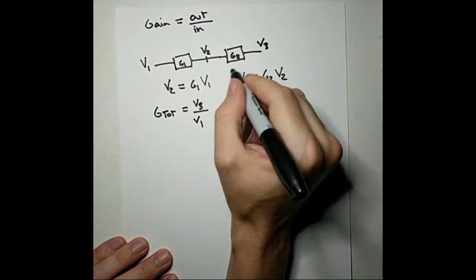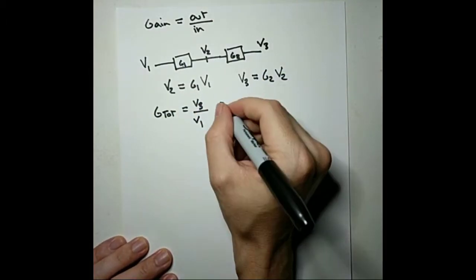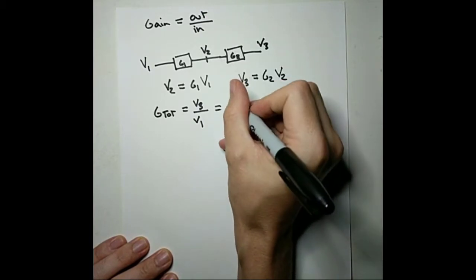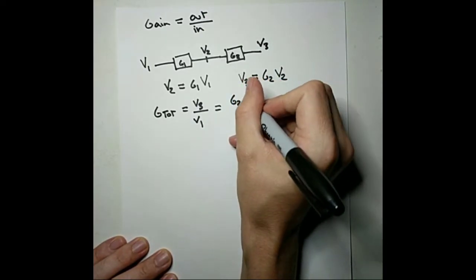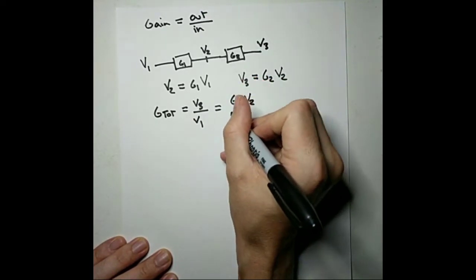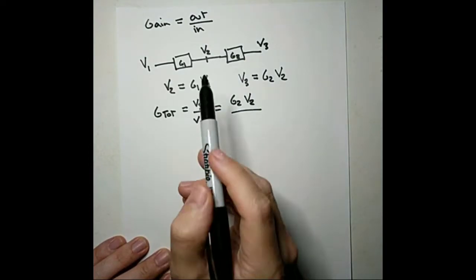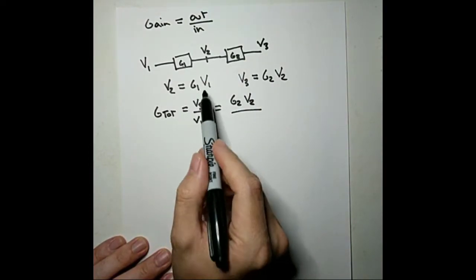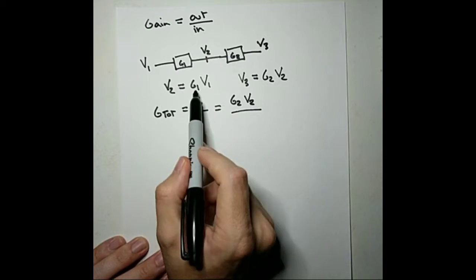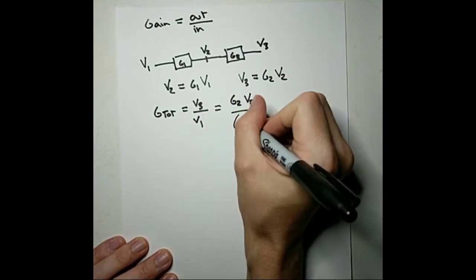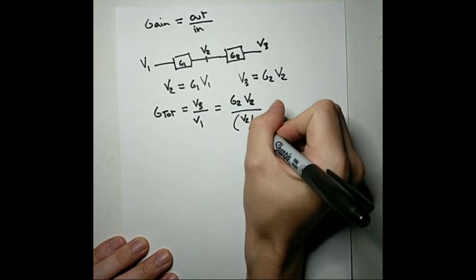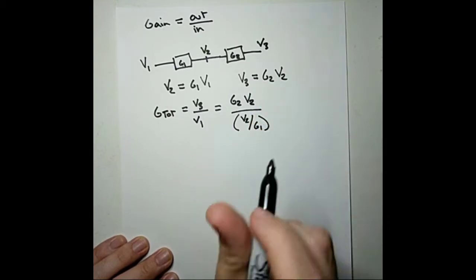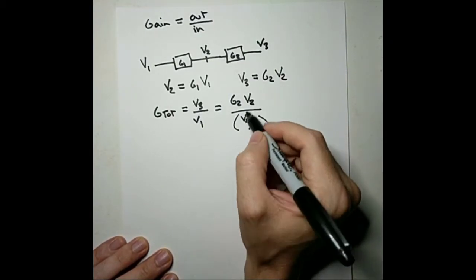So using these equations we have here, we already know that V3 is G2 times V2. And then if we rearrange this to get V1 by itself, we can see that that is V2 over G1. Now the voltages will cancel.